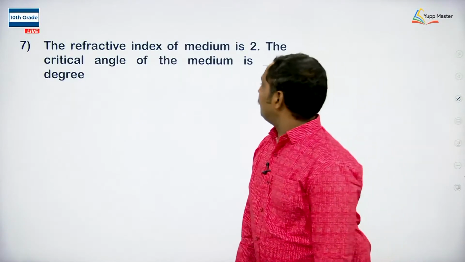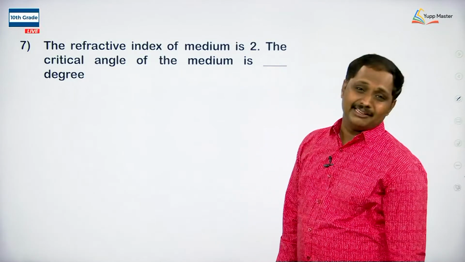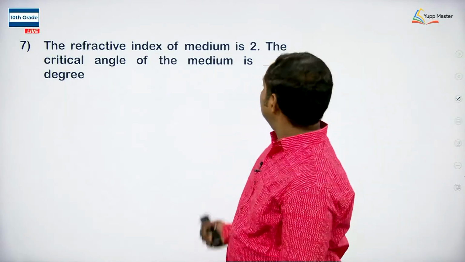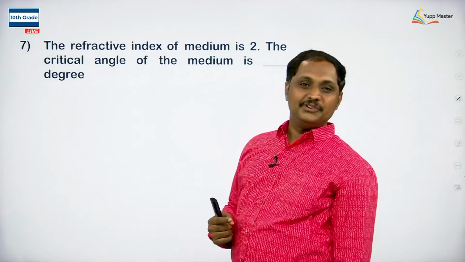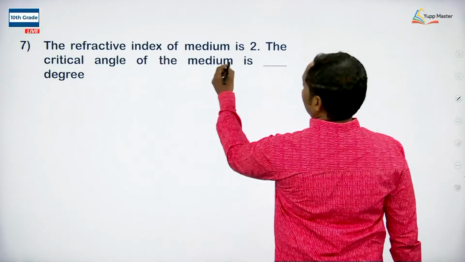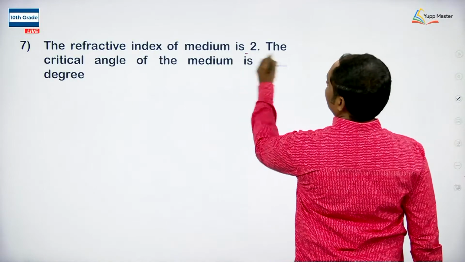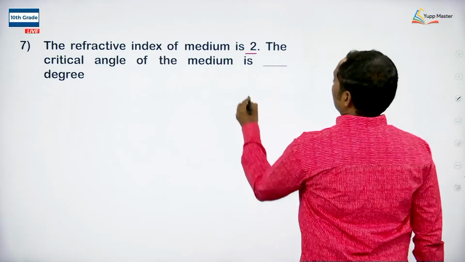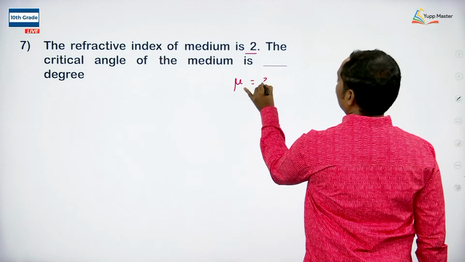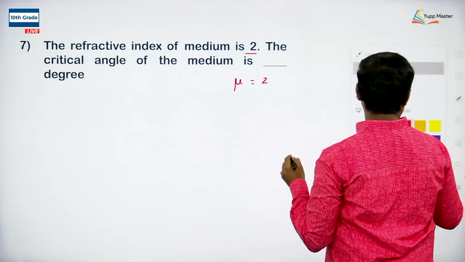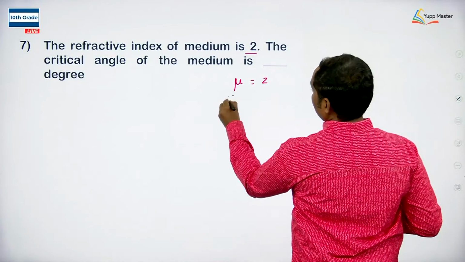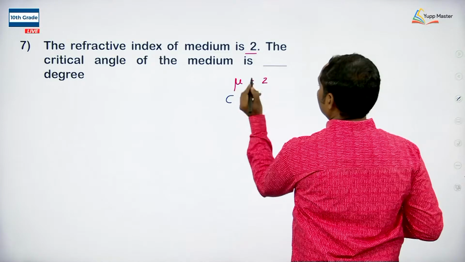The refractive index of a medium is 2, find the critical angle. Simply, mu is equal to 2. Now, critical angle C is equal to question mark.